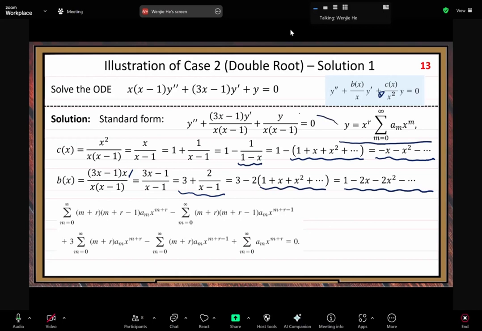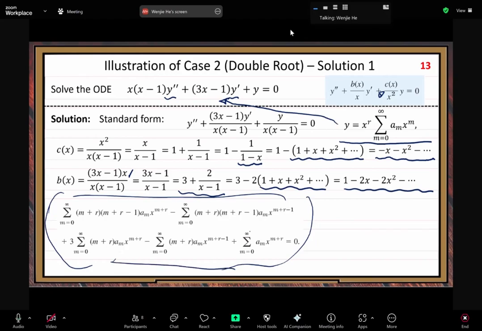Now you plug in this equation. You need to take y prime, y double prime. How do you get this whole thing? This long formula, I cut it from the textbook. But here I want to explain a little bit.